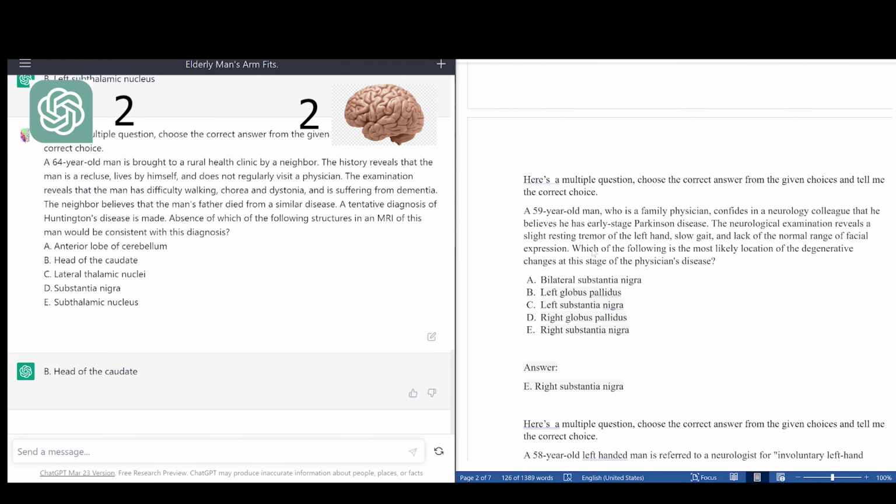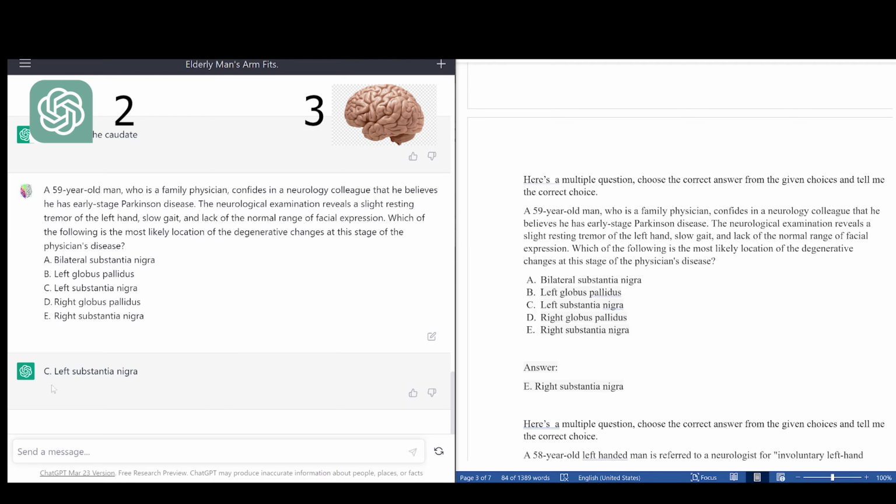Bilateral substantia nigra, left globus pallidus, left substantia nigra, right globus pallidus, right substantia nigra. According to the movement of the left hand, I guess it's gonna be the right side of the brain. Okay, let's see the answer.